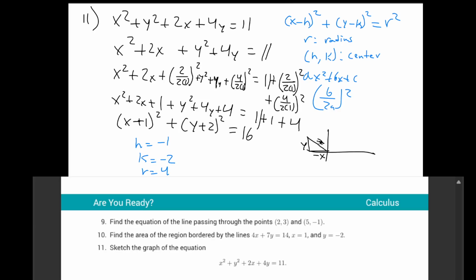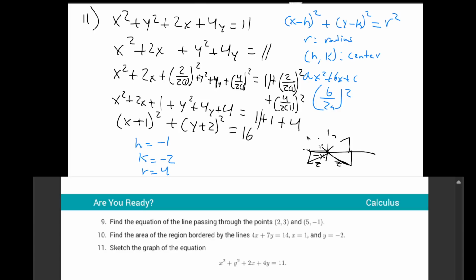Z is the hypotenuse, just a variable. This will always be positive regardless of the quadrant you go into. Z here, positive, z here, positive, z here, positive. So that's how you want to think about it.